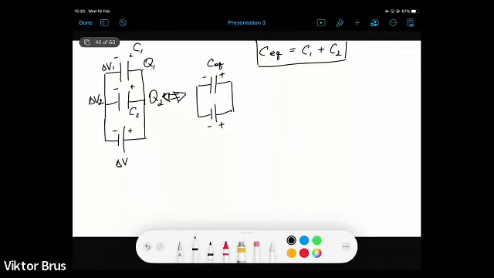We need to prove that this is the case. So any ideas how we can approach this task in order to derive this simple relationship between equivalent capacitance and capacitances of each of the capacitors in the battery when we have a parallel connection?